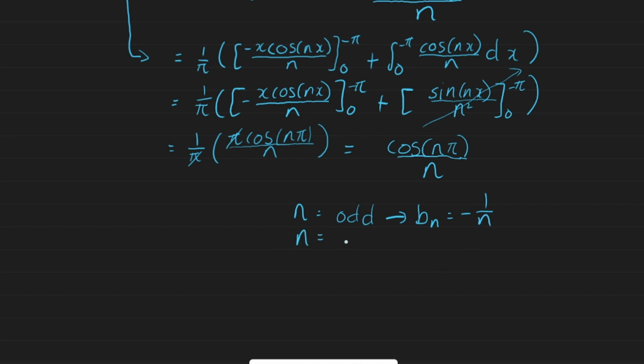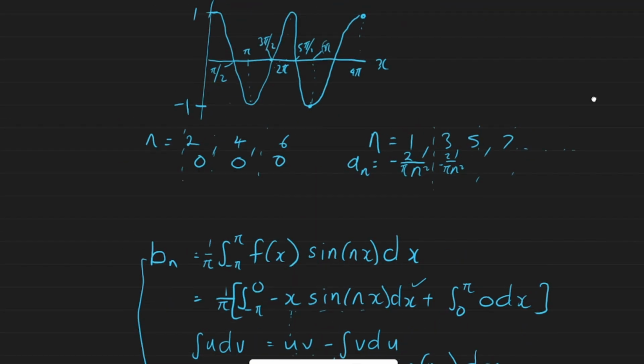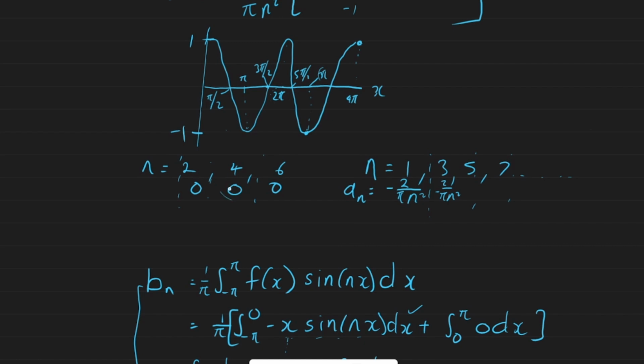So now if n is even, then it means that Bn is now equal to 1 over n because we're going to have positive numbers. So that's easy to see as well. So there it is here. So 2 pi, 4 pi, etc., we see that it's equal to 1.